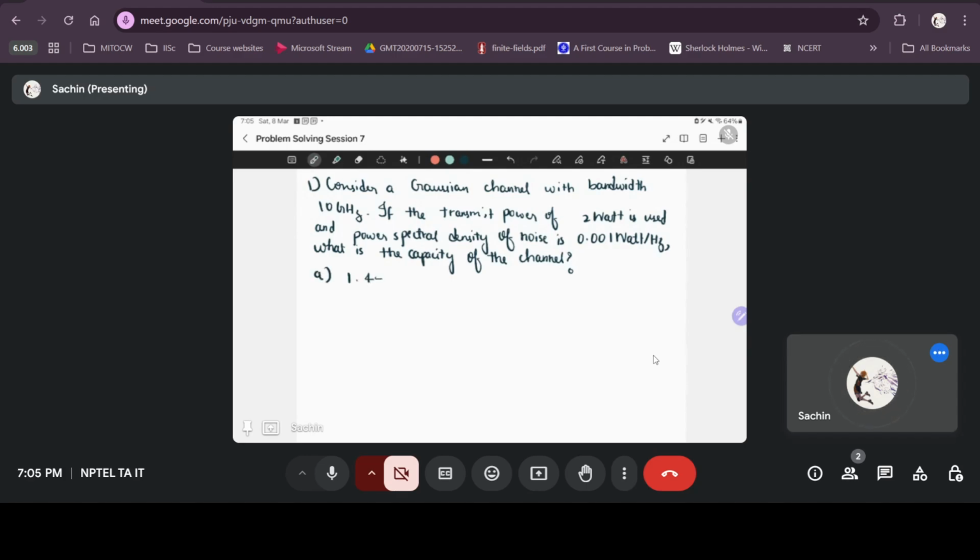Is it A 1.44 kilobits per second, B 2.88 kbps, C 0.72 kbps, or D none of the above?